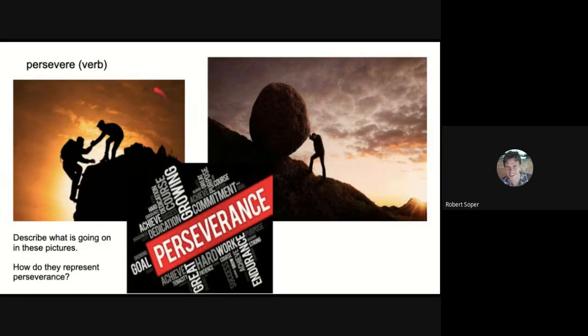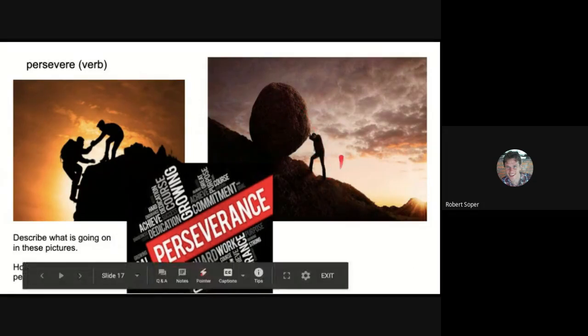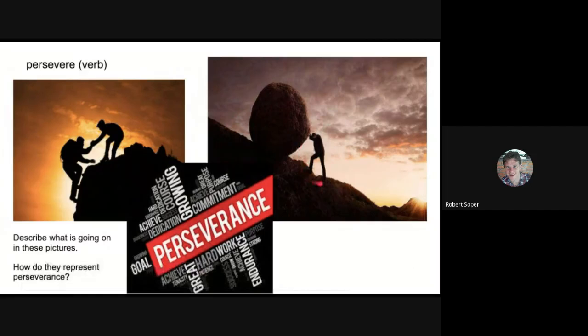So here we look at this picture. What's going on? Well, this person is helping this person up a mountain. Over here, we see this poor man, kind of like a Sisyphus-like character. Sisyphus is from the Greek myth.